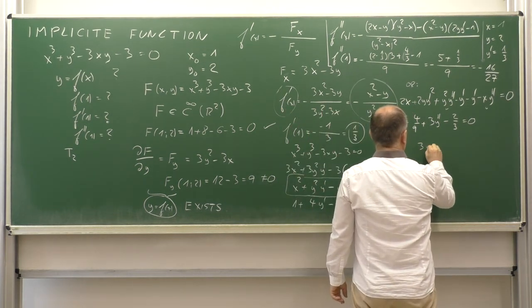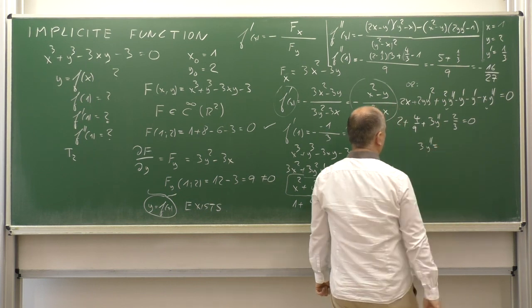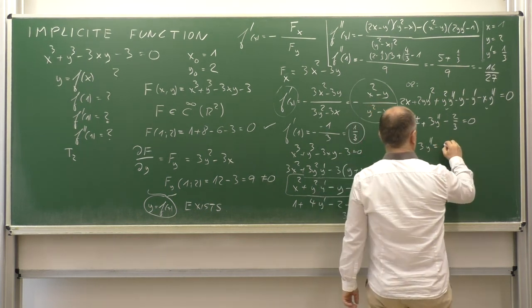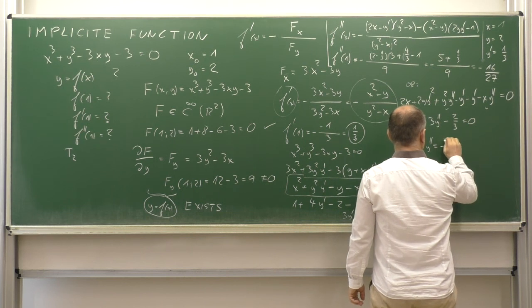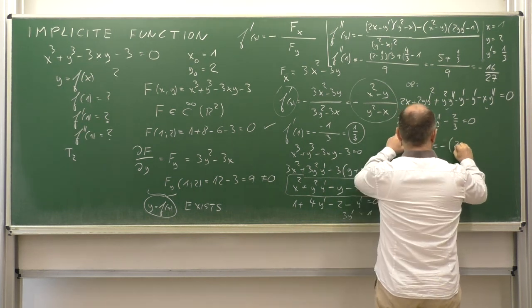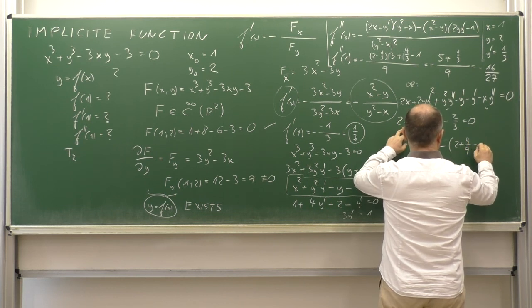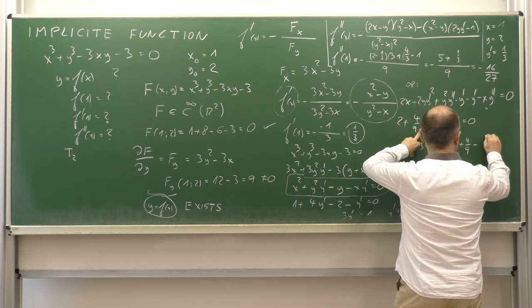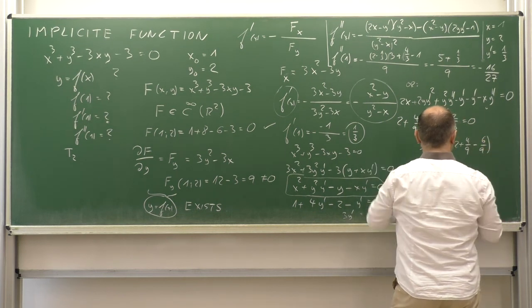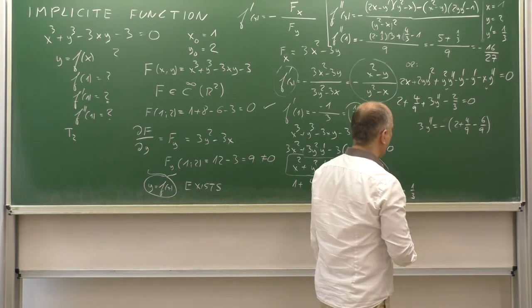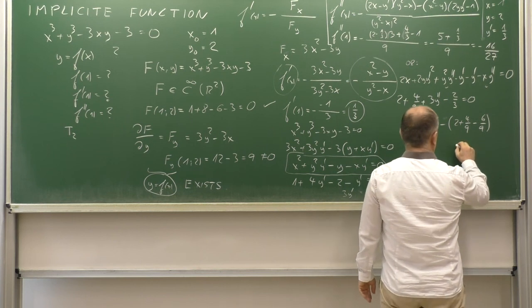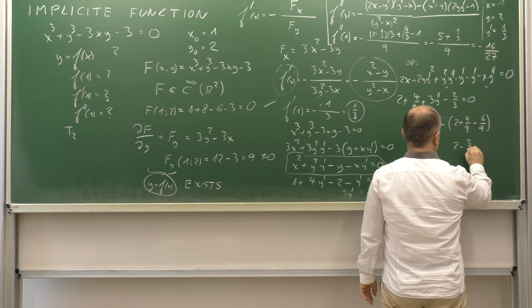That means 3y second is 2/3 or minus 2 plus 4/9 minus 6 over 9.